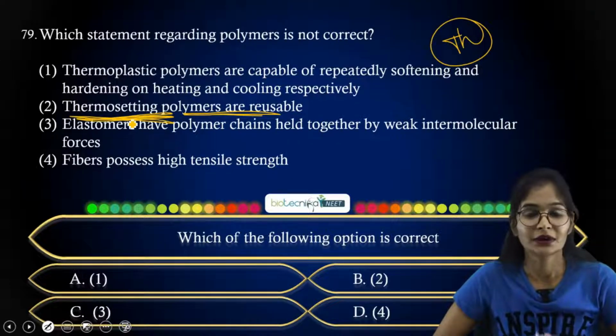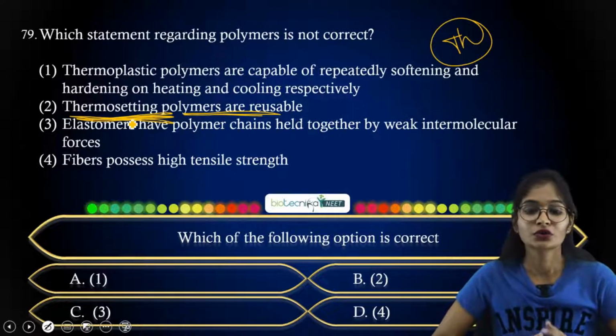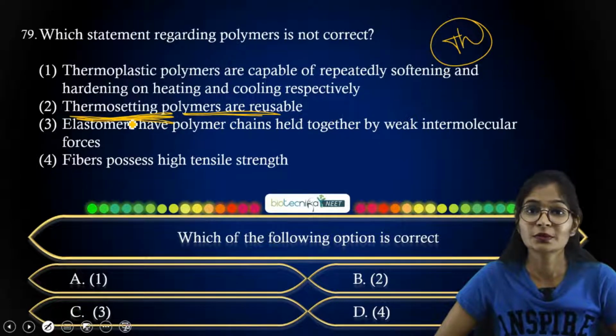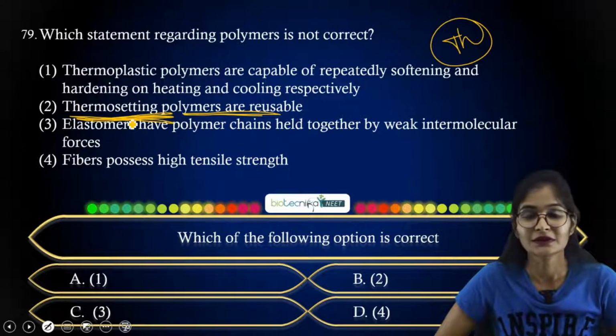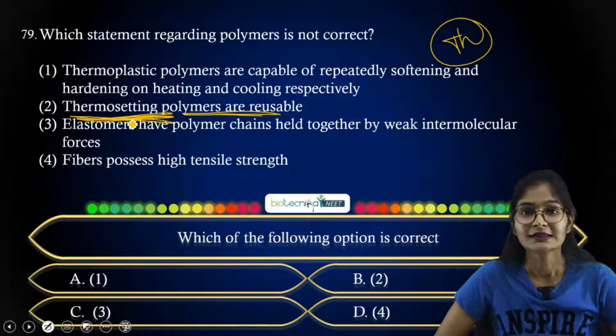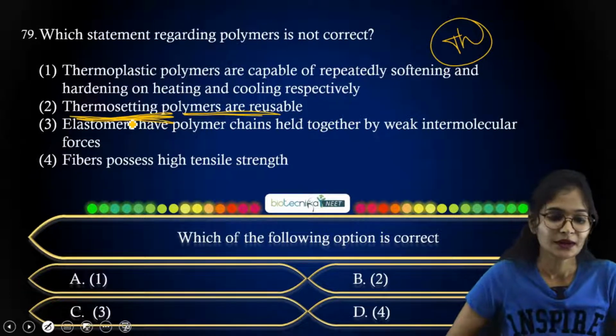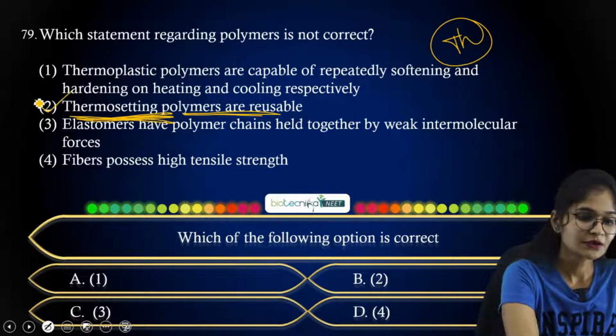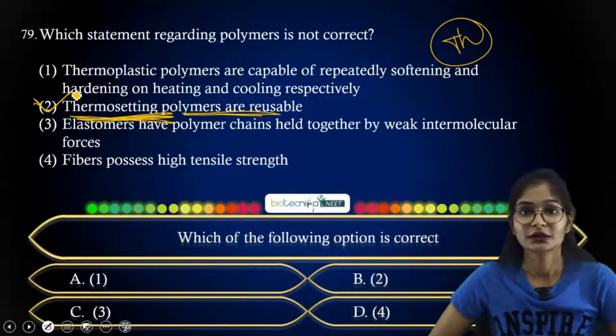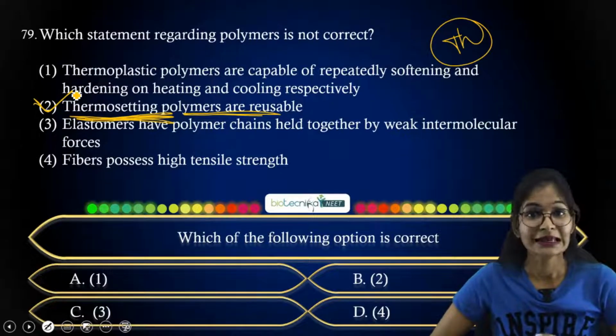They will not show the property shown by thermoplastic polymers, and will be more extensively cross-linked to each other. That's why option B is the incorrect statement.